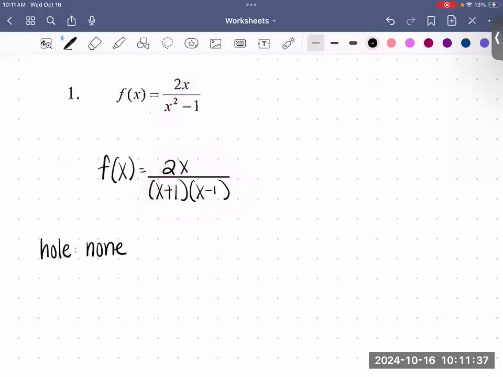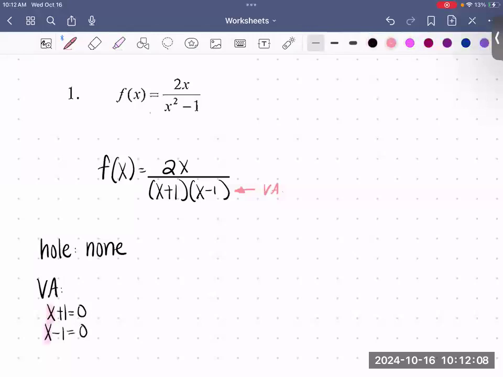We have no hole. We want to take a look next at your vertical asymptote. Your vertical asymptote appears in the denominator. If there's anything left over after simplification, then we would see that we'd have a vertical asymptote. So in our case, we're going to set x plus 1 equal to 0 and x minus 1 equal to 0, and then solve for your x values here.